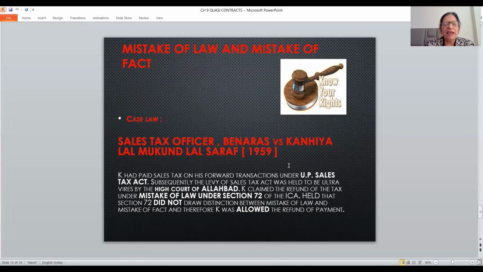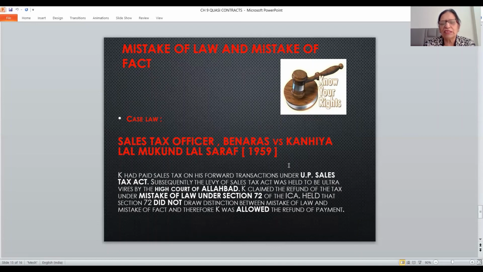In this case, K had paid sales tax on his forward transactions under the UP Sales Tax Act. Subsequently, the levy of the Sales Tax Act was held to be ultra vires. Ultra means beyond, vires means powers, beyond the powers of the High Court of Allahabad. K claimed the refund of the tax under mistake of law under Section 72 of ICA 1872.